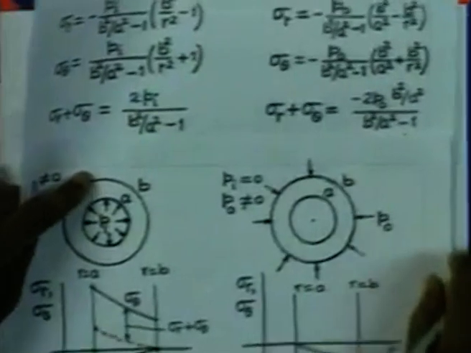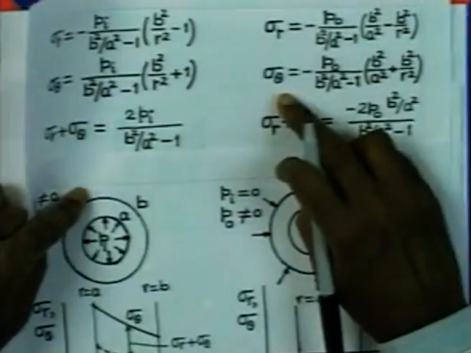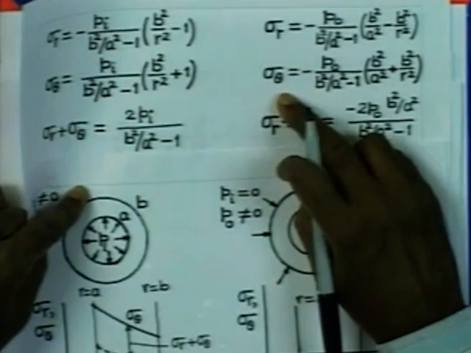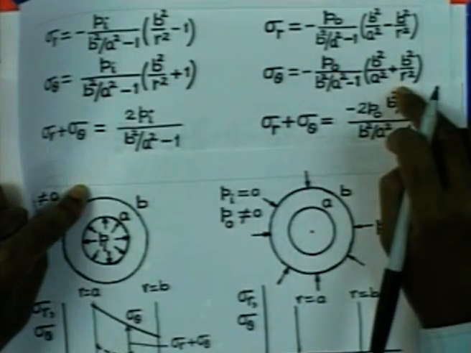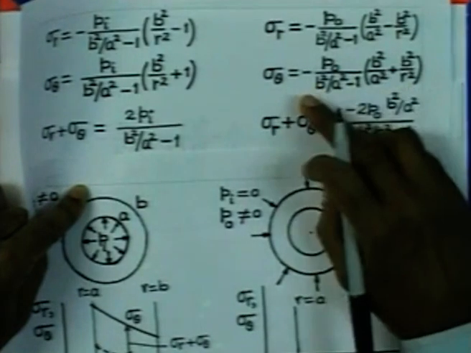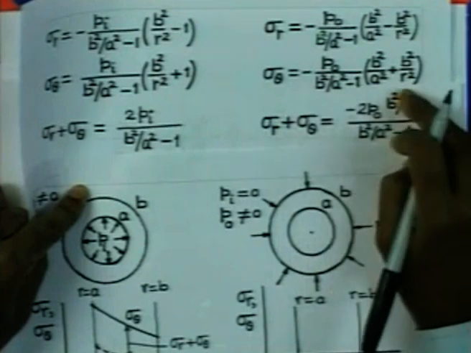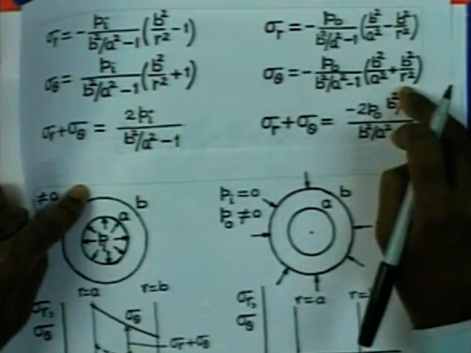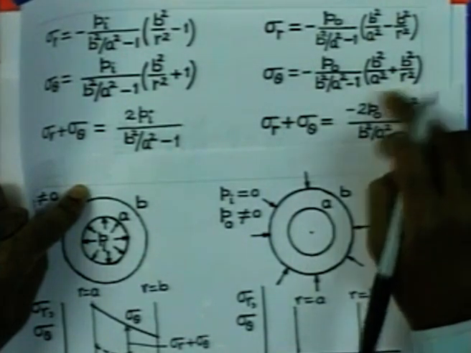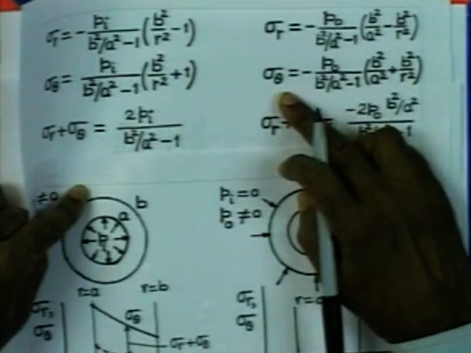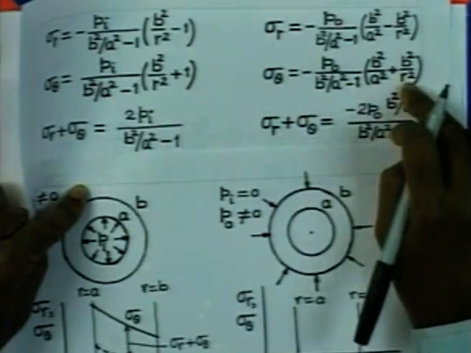By similar consideration, you find that for sigma theta, when R is minimum, that is when R equal to A, we have the maximum hoop stress, and when R is equal to B, we have the minimum hoop stress.